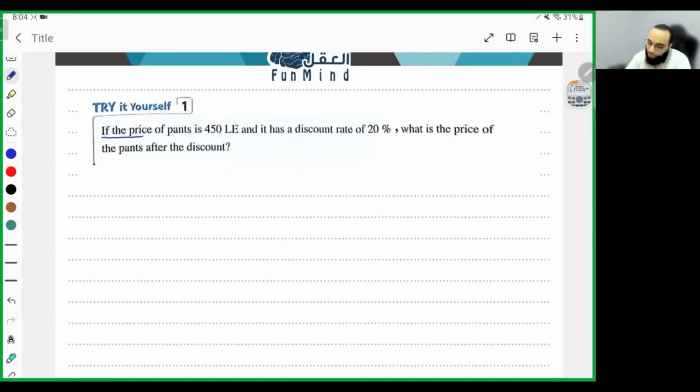If the price of pants is 450 pounds and it has a discount rate of 20%, what is the price of the pants after the discount? This is a discount question. What is the percentage before the discount?